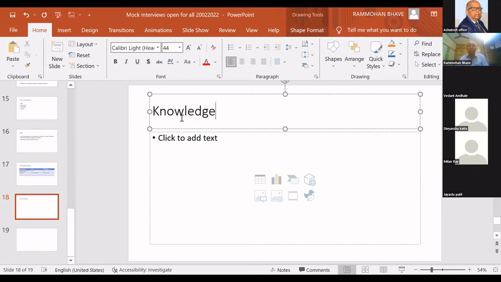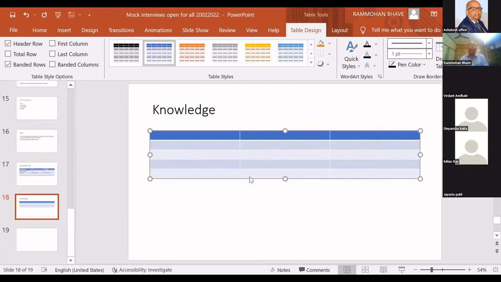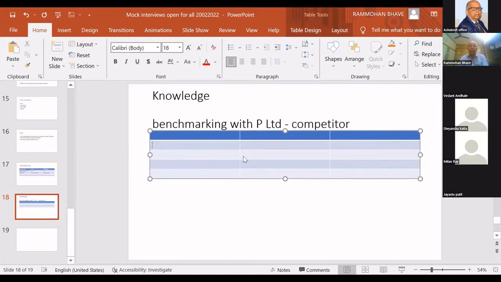So he started, at the top, he mentioned benchmarking with P Limited, competitor. Then he mentioned regional status.